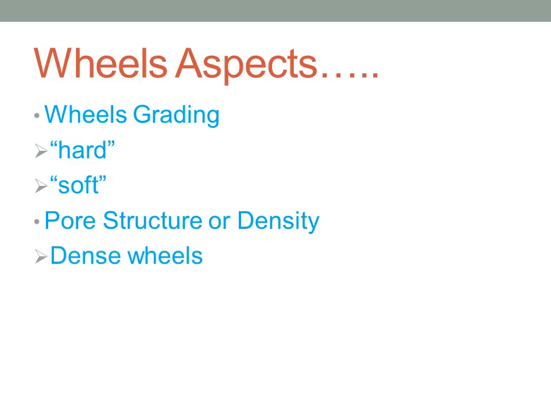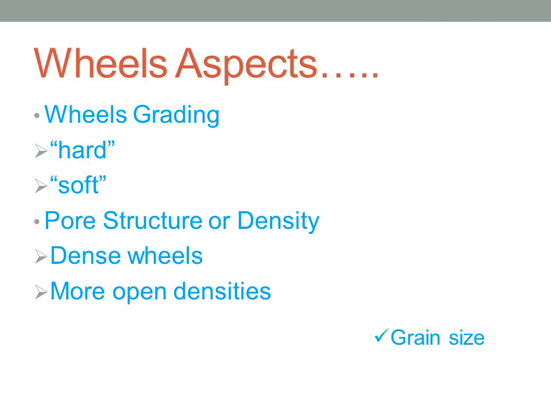Dense wheels are best for harder materials, while more open densities are better for softer metals. Remember, the three factors of grain size, bond type, and pore structure are closely related and together determine how a wheel will perform.